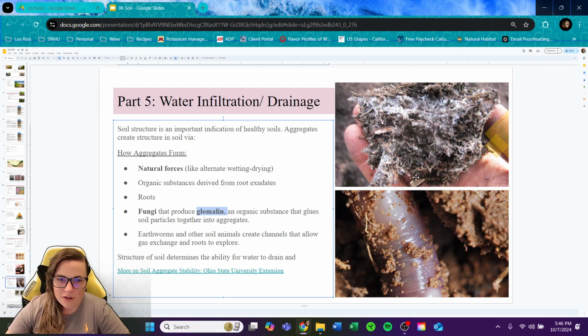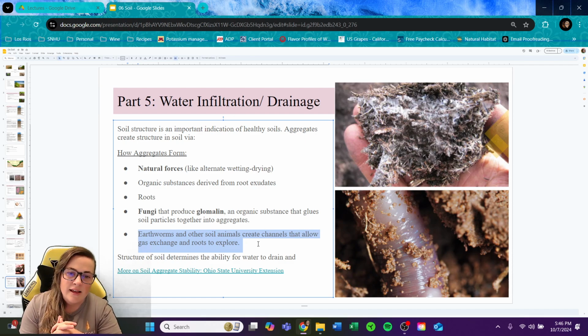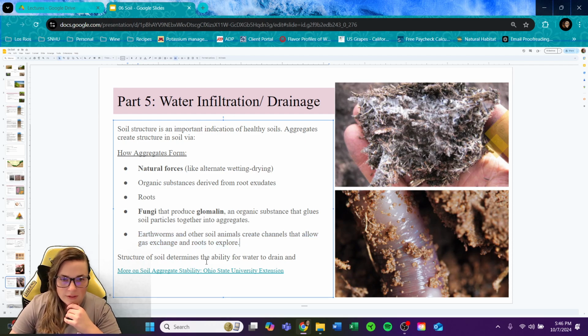It used to freak me out as a kid, but now that I know what it is, I think that's really cool. Earthworms and other soil animals will also help create aggregates because they create channels that allow gas exchange and also provide a space for roots to explore. Roots don't have eyes, so they use feeling sensors to look for water and find where they need to travel to. So very important.